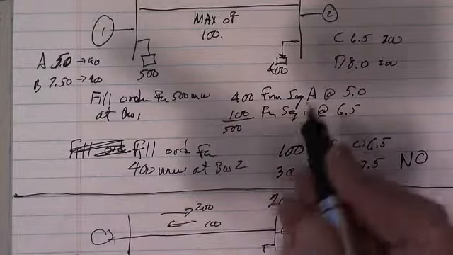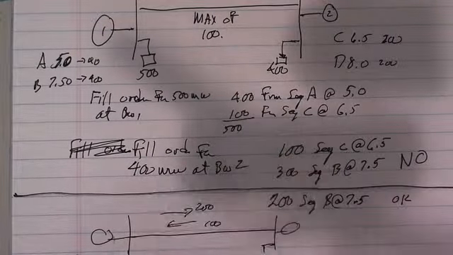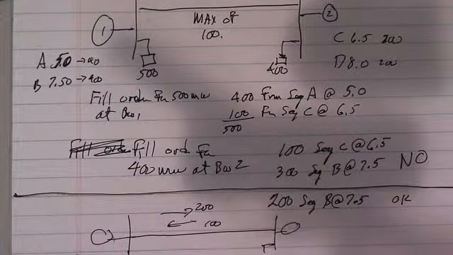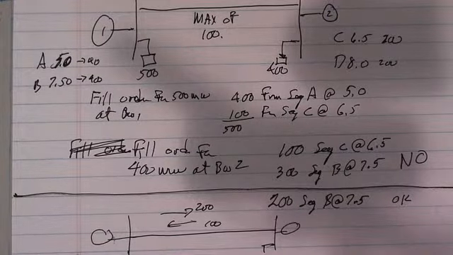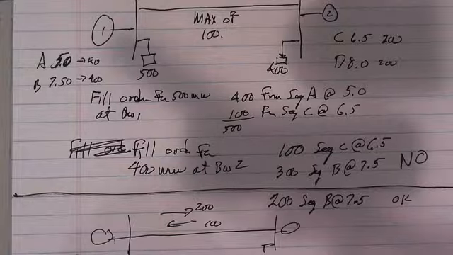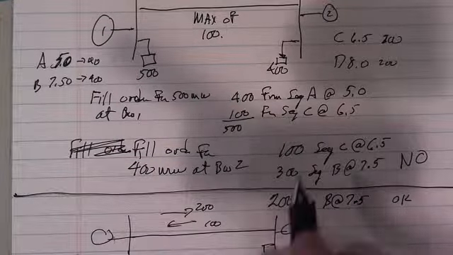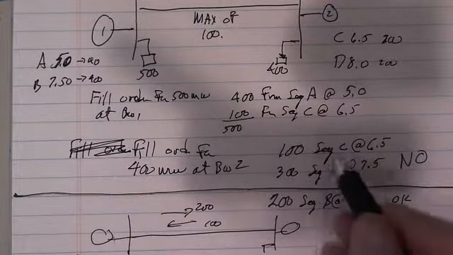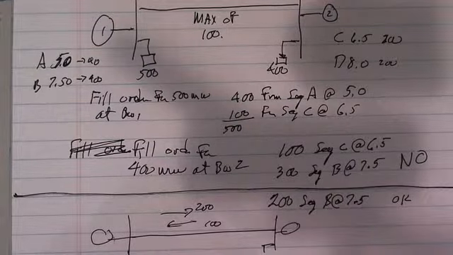He's supplying up here 400 at 5, and then he wanted to get the remainder from B at 300, but he can only get 200.